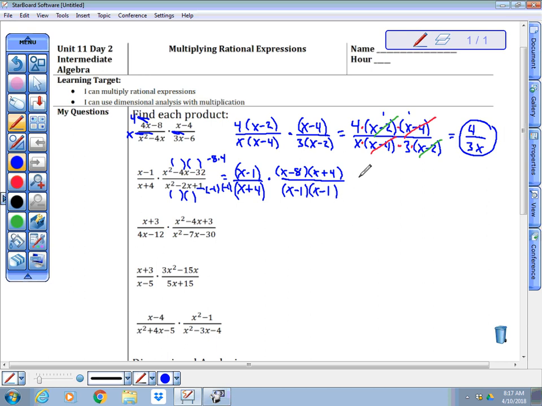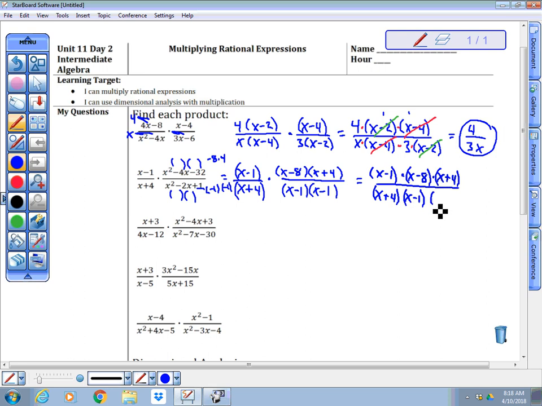Now again, you don't really have to do this next step, but I'm going to do it one more time. I'm going to put everything on top as one long multiplication, and then everything on the bottom as one long multiplication.